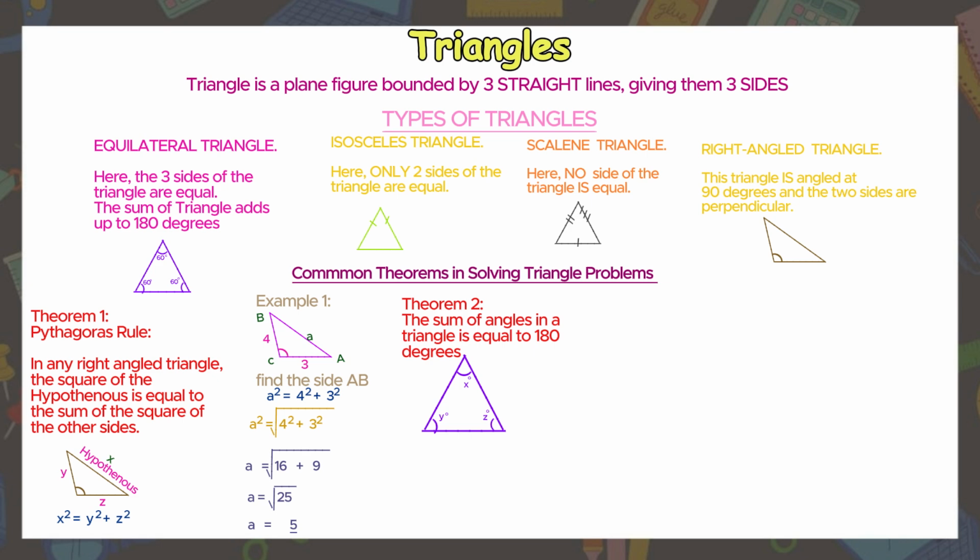Now, the interpretation of this is x plus y plus z is equal to 180 degrees. That is, the sum of angles in a triangle is equal to 180 degrees. Let's solve one question using the theorem.